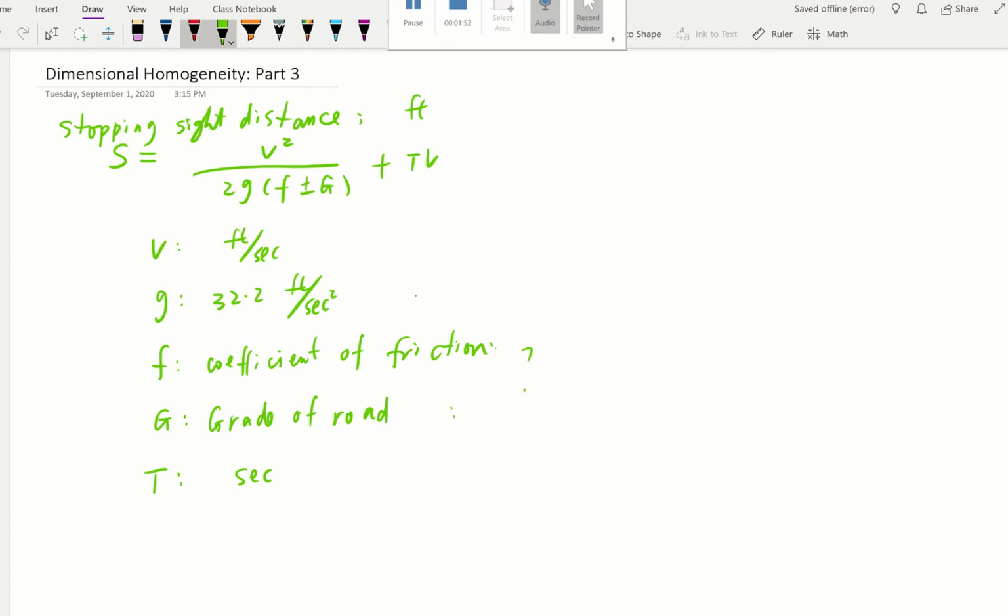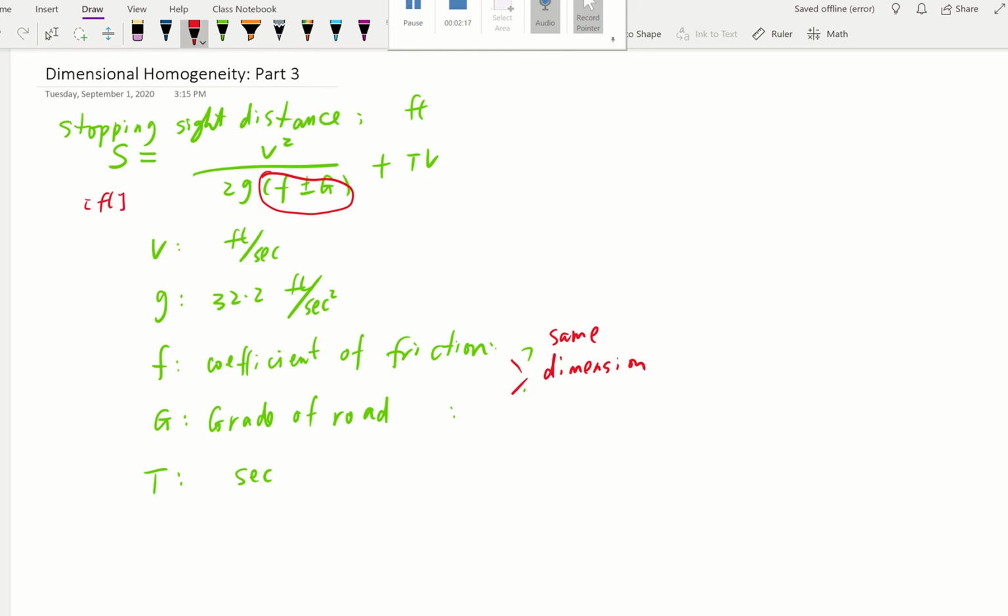First of all, you notice this f and G are plus or minus inside this parenthesis. In order to add or subtract, they have to have the same dimension. So f and G are going to be the same dimension. Then you also look at this entire formula here. S is a foot, right?